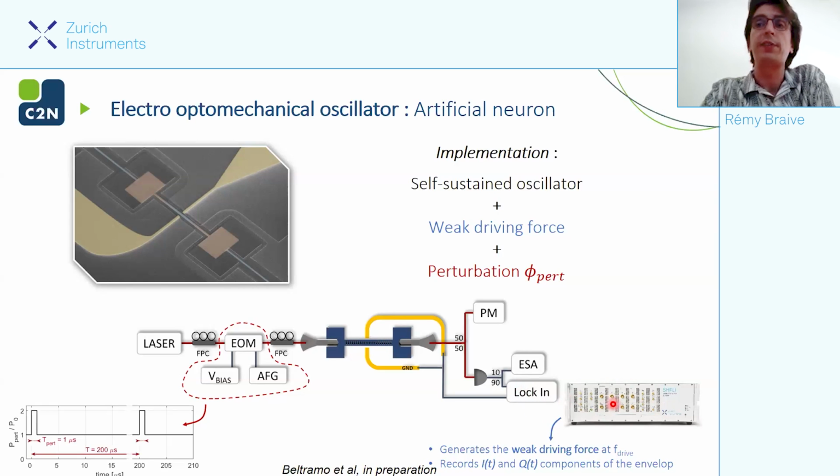So we need this SHFLI, and at the same time, we will record the response of our system in order to understand how the system behaves to a specific perturbation that in this case will be in the optical domain. Here we use the electro-optic modulator, and we have an external AWG in order to control the size of the pulse of the perturbation that we will input into the optical domain.